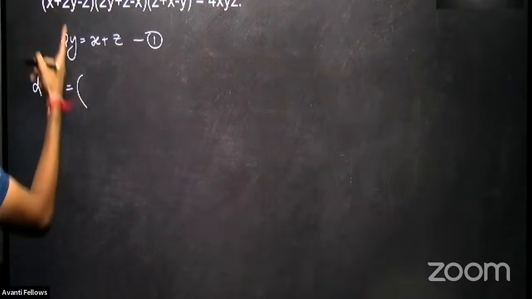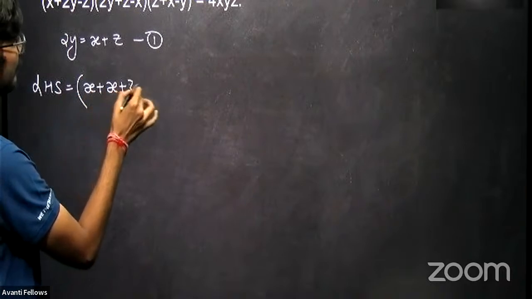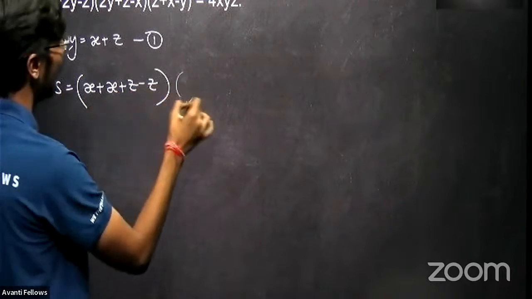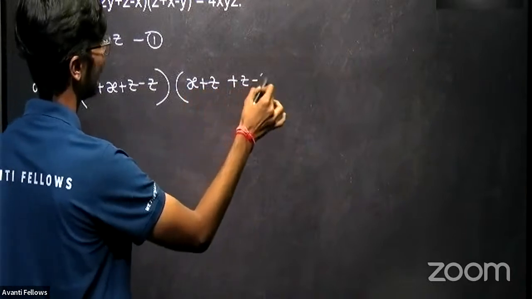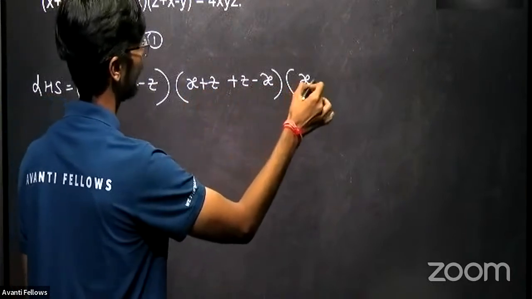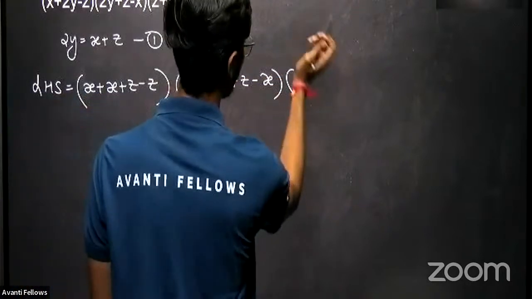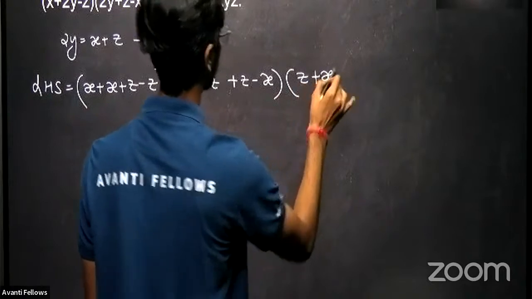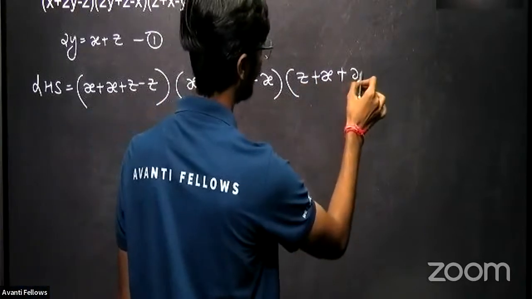In LHS, I can write x plus z in place of 2y, so x plus z minus z into x plus z minus x into z plus x. What can I write y as? x plus z by 2.